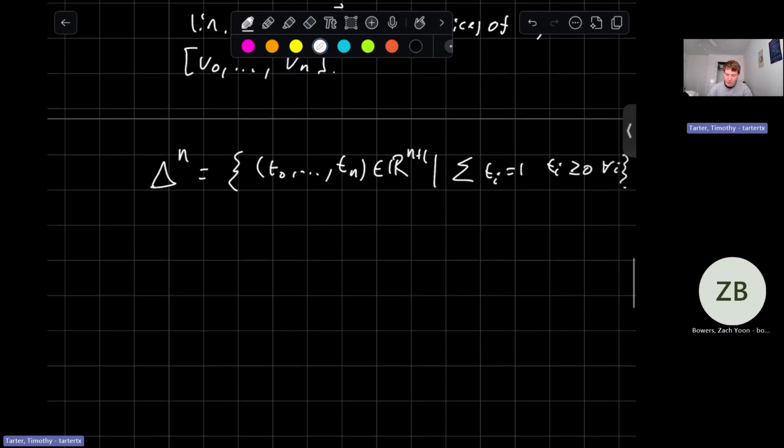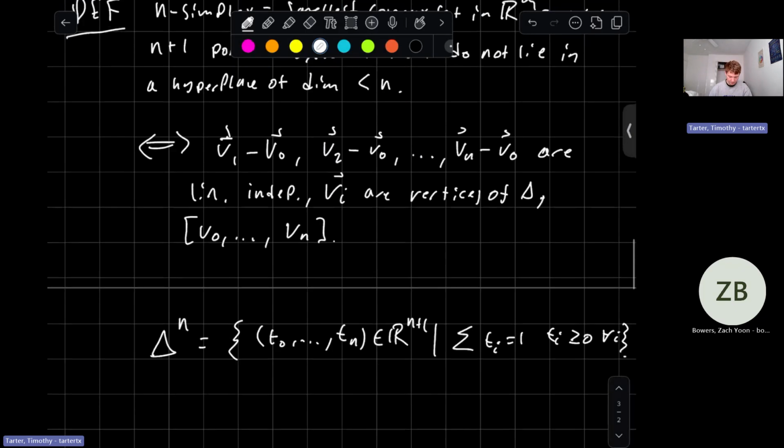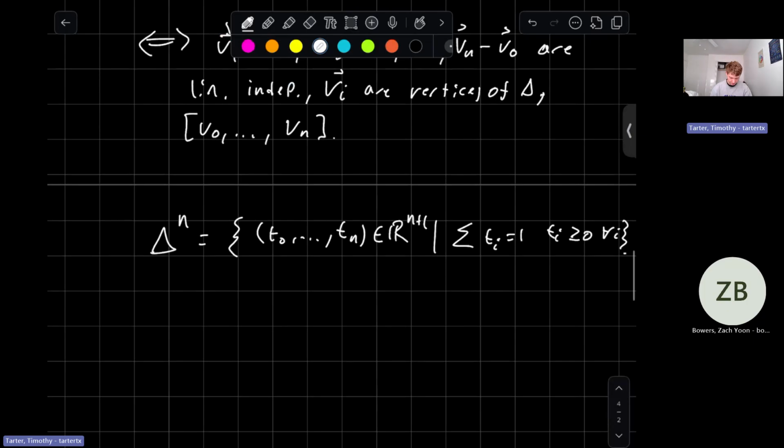Specifying the ordering of the vertices also determines a canonical linear homeomorphism from the standard n-simplex onto any other n-simplex, preserving the order of vertices, namely by sending the point (t0, ..., tn) to the sum of ti vi.